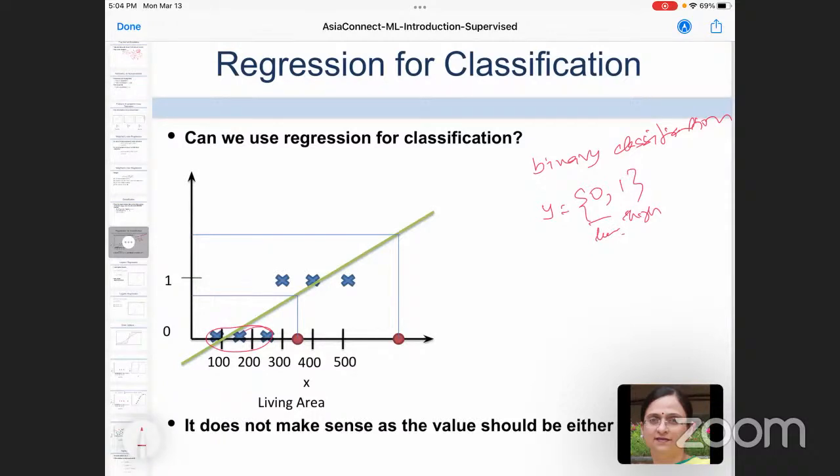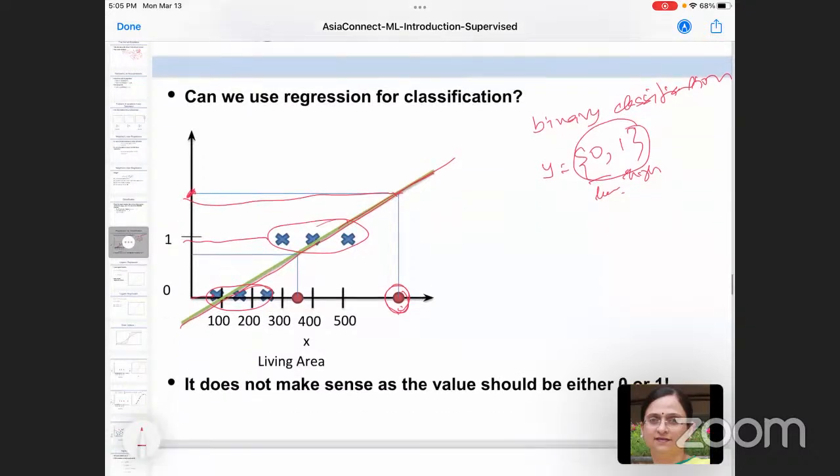These data will have label 0 and these data will have label 1. Now if we just try to fit a line like this, what is the problem? You can have an unknown house with a living area like this. Using this line, you can predict something like 2, but we have only two labels. So it doesn't make sense, and we cannot use regression for a classification problem.